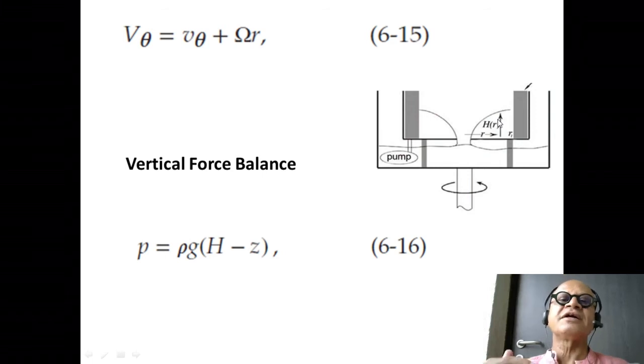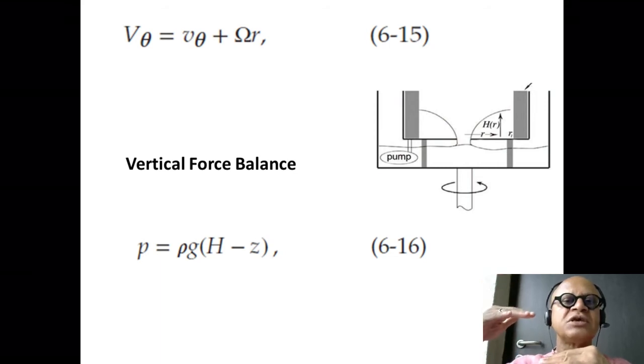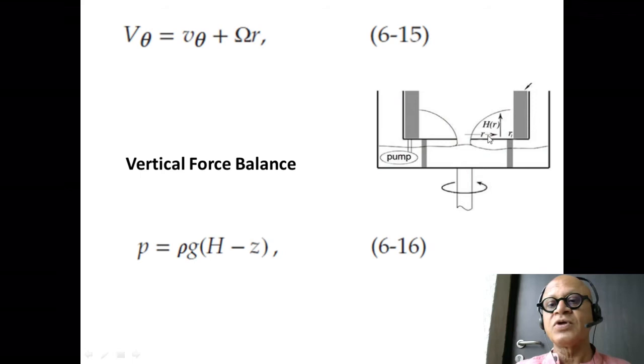When we did hydrostatic balance, we said the pressure at any point is equal to the weight of the air above, right? So we are doing exactly something similar here. So height z is, let's say, from here to there, and the fluid column is h minus z. So rho g times (h minus z) is going to give us the pressure.